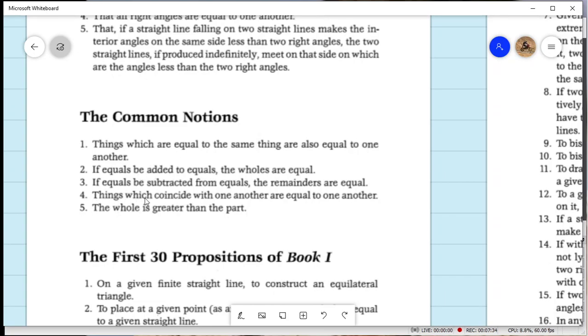The fourth, things which coincide with one another are equal to one another, meaning anything is equal to itself. The fifth common notion, the whole is greater than the part. So these common notions can be applied in any branch of mathematics, not just geometry.